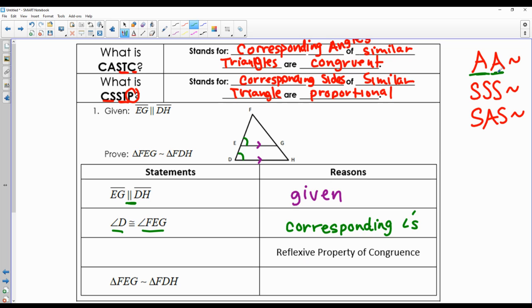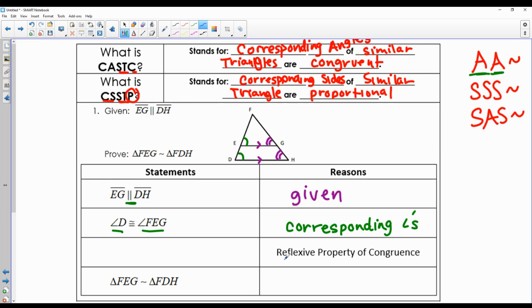Notice we're going to try and just prove one more angle, and then we can say that these 2 triangles are similar. Now we could actually prove these 2 angles are congruent as well using the same corresponding angles theorem postulate right there. However, they didn't use that one.